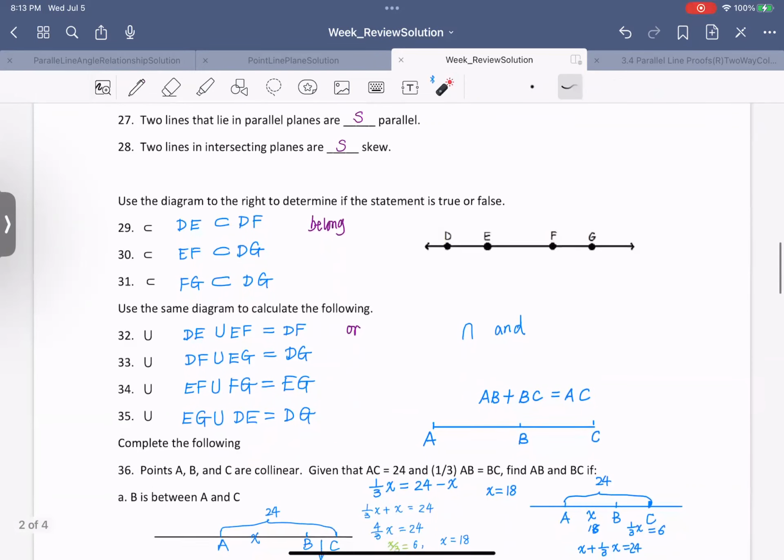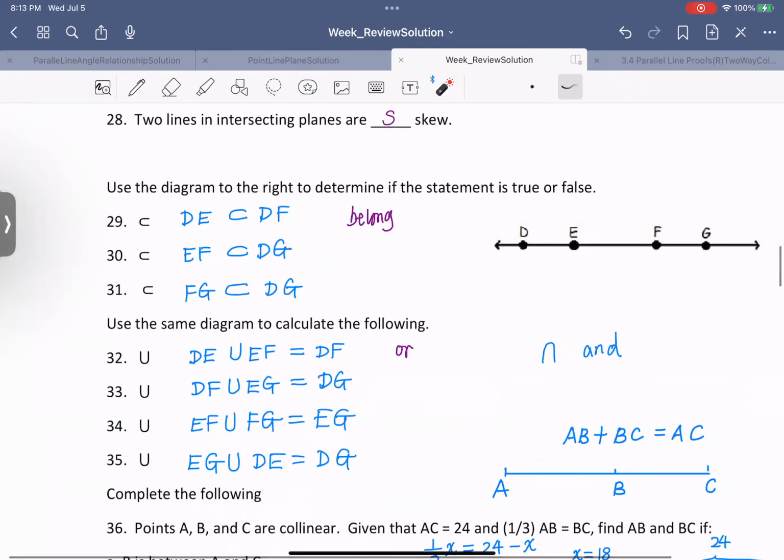And let's see here. This is a new sign. This is called belong. If you see this direction, the left side belongs to the right side, something similar to this. So the smaller parts belong to the bigger parts. This is called belong.